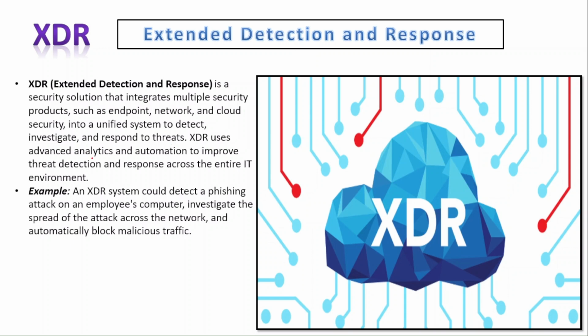XDR uses advanced analytics and automation to improve threat detection and response across the entire IT environment. Example, an XDR system could detect a phishing attack on an employee's computer, investigate the spread of the attack across the network, and automatically block malicious traffic.